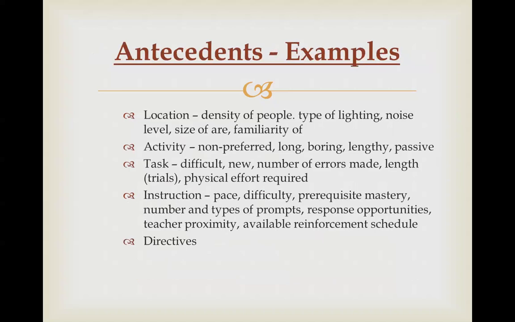Smart people have been thinking about standard antecedents when we go into environments. Might be aspects of location, things like density of people, type of lighting, noise levels, particularly for kids on the spectrum and kids with hypersensitivity to, I don't know if any of you have, clocks that you can hear the ticking of, or when overhead lights get that hum.